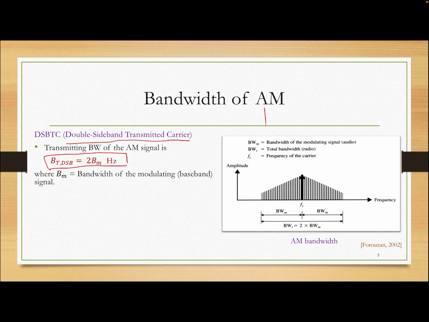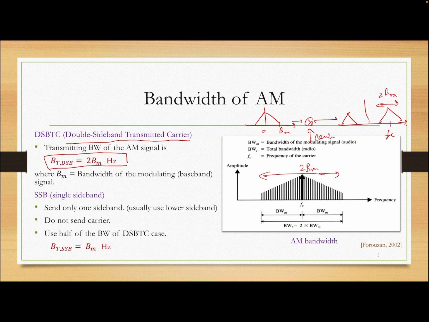If you remember, I have drawn this in the last clip. You multiply by the carrier here, and then you get something like this. Now this is fc, so this is 2B, or 2B sub M, if B sub M is the baseband frequency. So this is 2 times B sub M. This is the double sideband transmitted carrier, or AM signal in general.